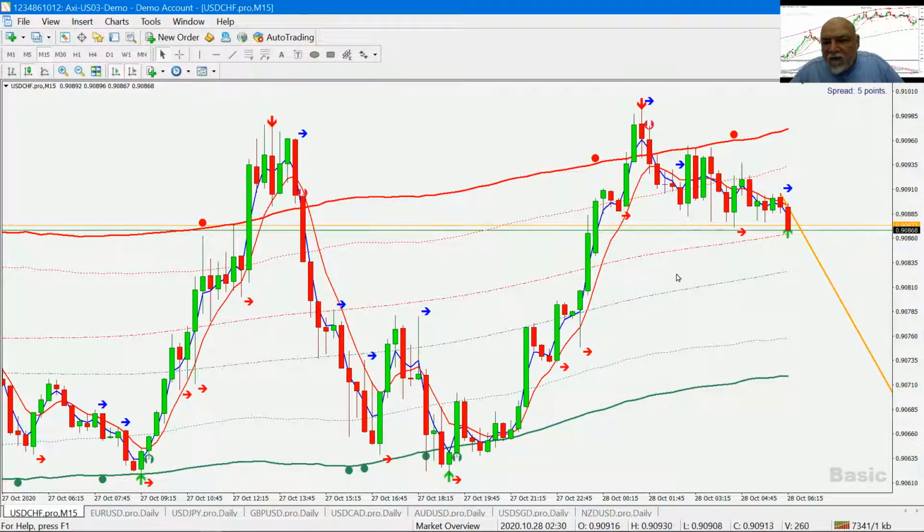Even on the 15, I'm still showing an upward move. So any move to the downside here would be suspect. I wouldn't normally anticipate that it would go much further. So taking a trade at this point is probably not the best for the Swiss.